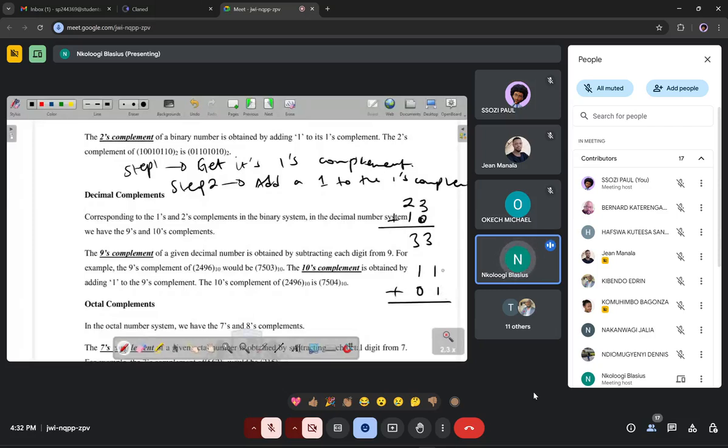So 1 plus 1 would be a 2, okay? But we cannot write 2 because this is binary. So what do we write? We write a 0, and then we carry a 1.